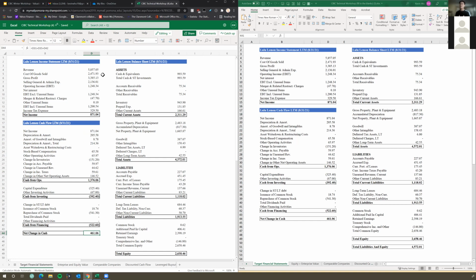Now, how do we reconcile the income statement and the cash flow statement? Well, we go to the balance sheet. Basically, what we want to see is that the changes on the income statement and the changes on the cash flow statement, when we bring them to the balance sheet, fit this broader equation that assets minus liabilities equals net ownership.